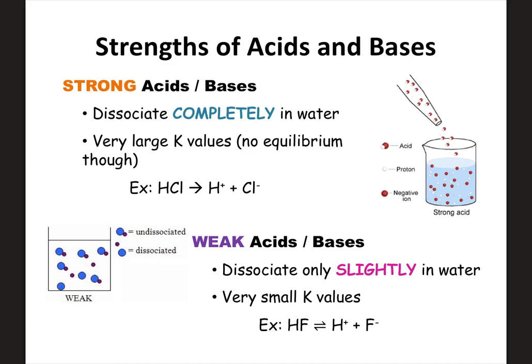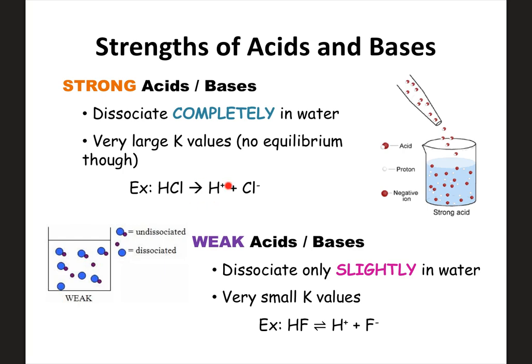Essentially, when we're looking at strong acids and bases, we don't show equilibrium with them because they're dissociating into the ions 100%. So if you have a beaker of HCl, it's important to understand that there are no actual HCl molecules in that beaker. There would just be H plus ions and Cl minus ions.